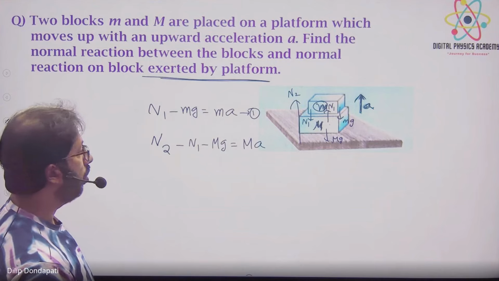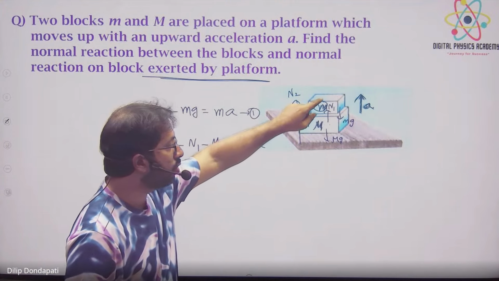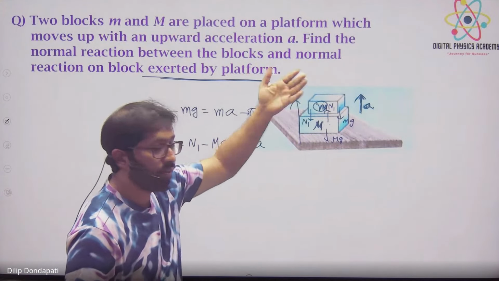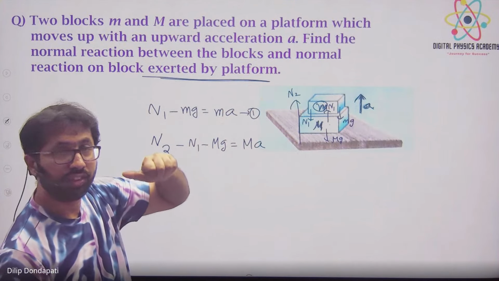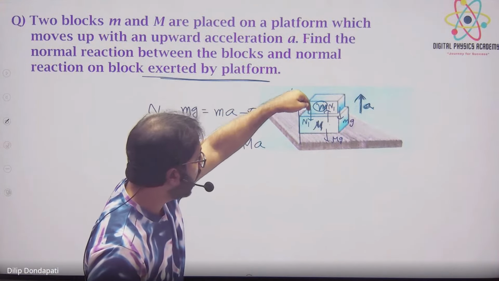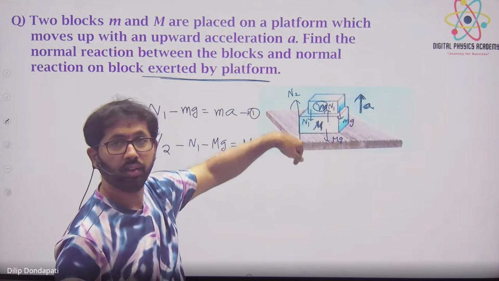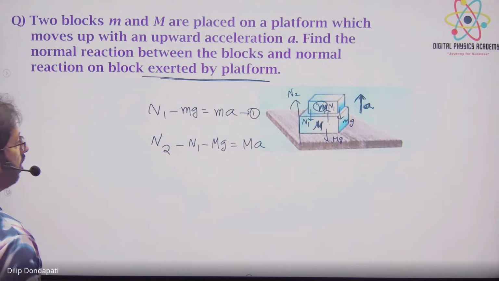But shouldn't you add the small mg also? No, gravitational force acts only on the respective bodies, it will not fall on this. N1 takes care of the small mg.